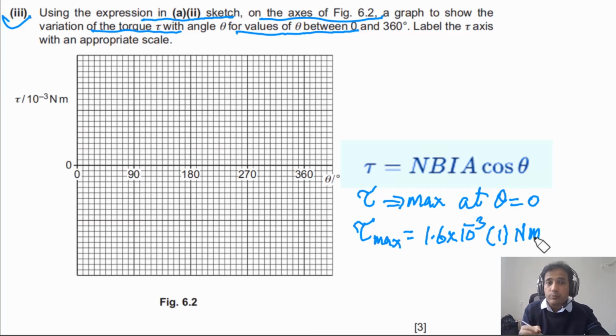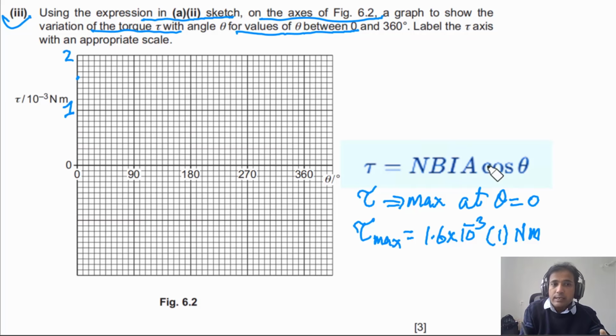We need to use an appropriate scale. So we can say this is 1 and this is 2. This is a very nice scale because our maximum value is 1.6, which is lower than 2. Now we can locate the maximum values. This is 1, so 1.6 will be 1, 2, 3, 4, 5, 6. It is at this point.